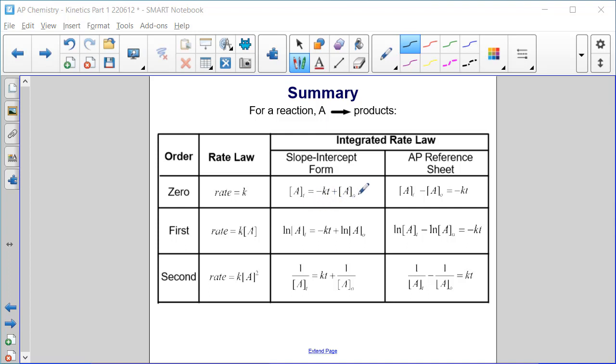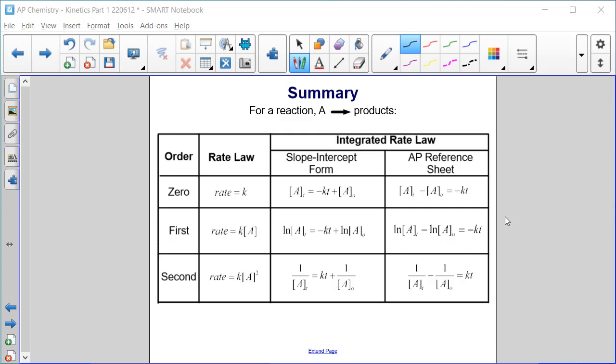Our y-intercept is the initial concentration, and the slope is the negative rate constant K. On your AP reference sheet, you are given this equation. You're just given it in a slightly different form, where you have the change in concentration, the difference in concentration, equal to minus KT.